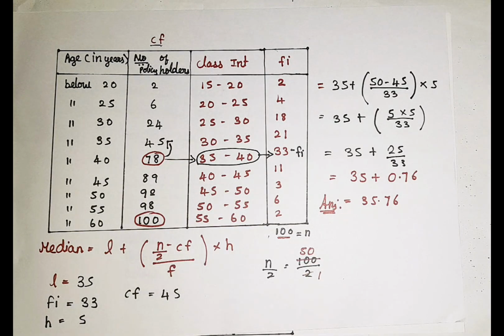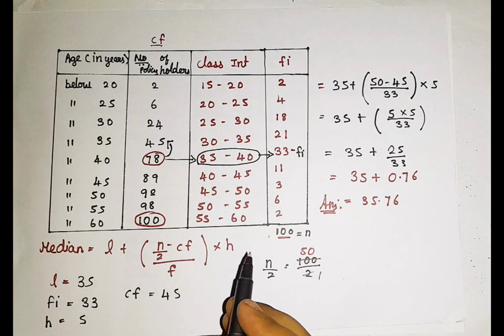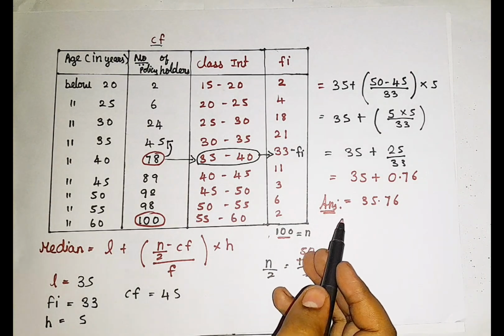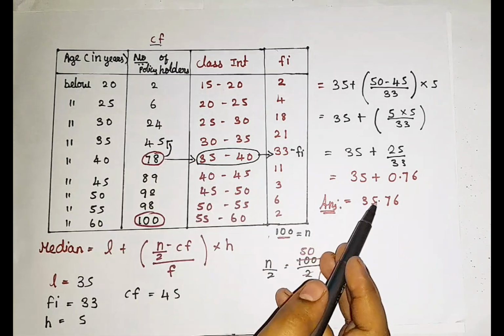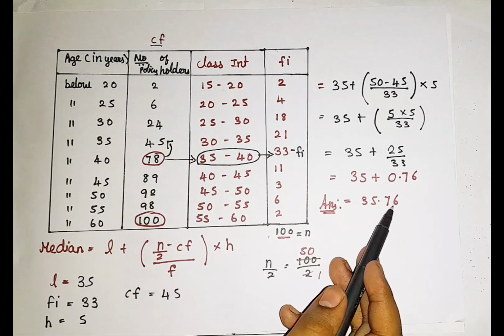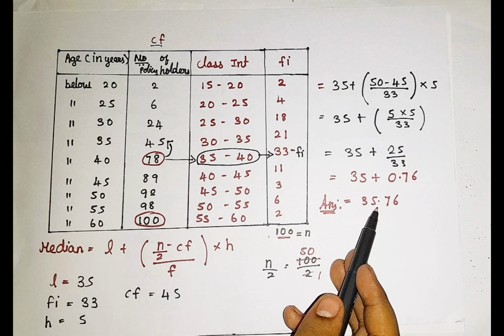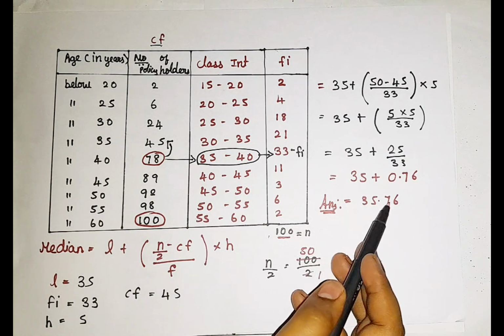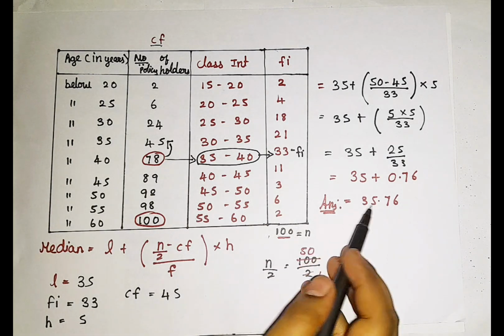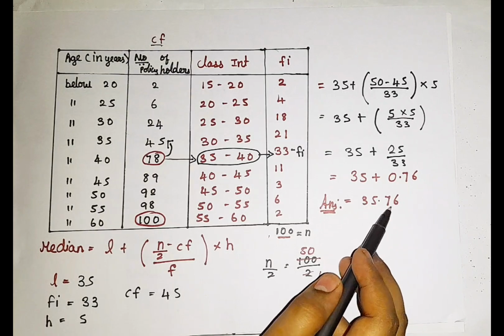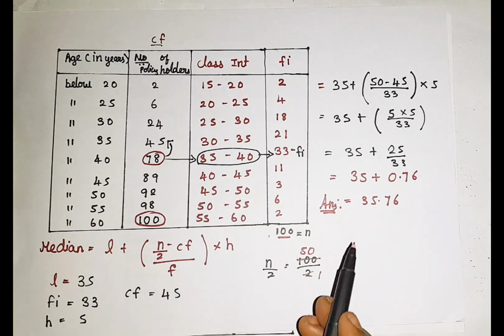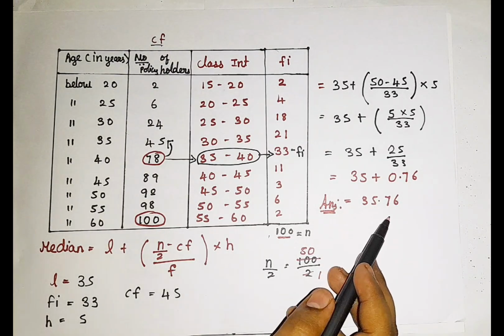That is 35.76. So the meaning for this answer is, there are less number of policy holders who belong to this much age, and there are more number of policy holders who belong to this much age. Okay, this much age means this age, that is 35.76. So point wise you can just calculate, right?